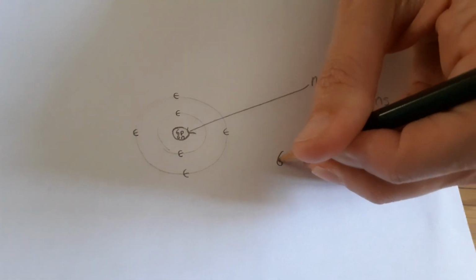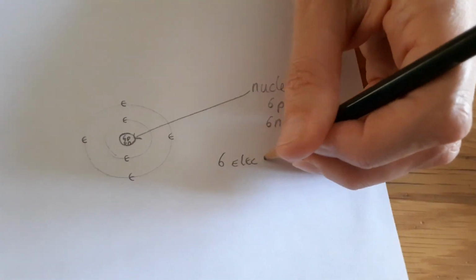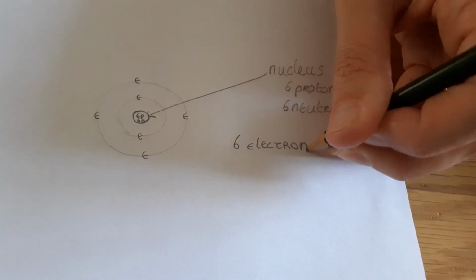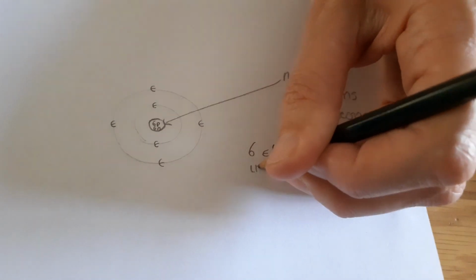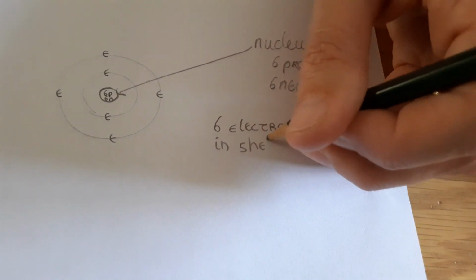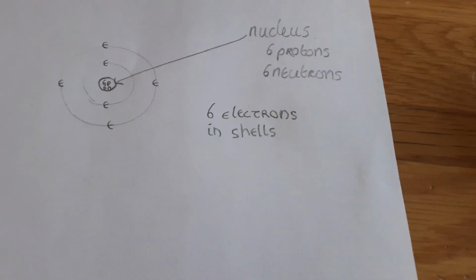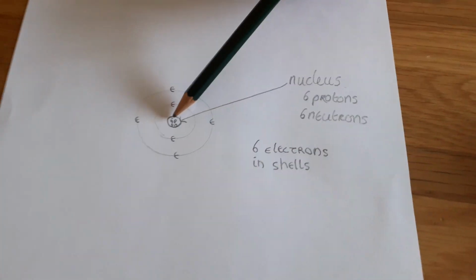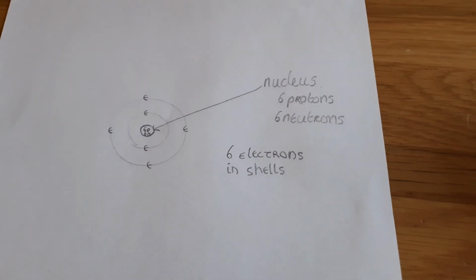Okay, and then we can write down 6 electrons in shells. Sorry, I'm writing this upside down, so it's a little bit harder. So we can see we've got 6 negative electrons to balance out our positive protons, zooming around the outside of that atom.